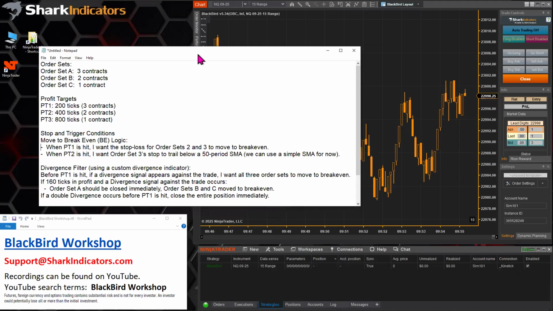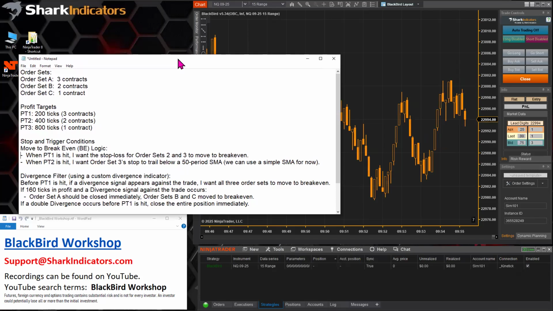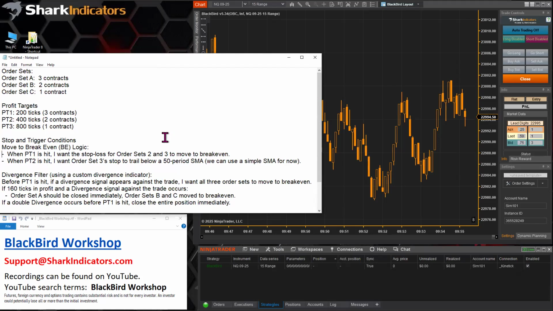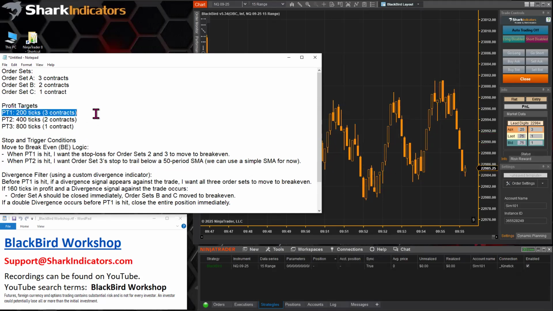All right, so we have a multifaceted stop loss and position management set of rules that we're going to implement into the stop loss trailing rules. The profit targets are pretty standard stuff here.